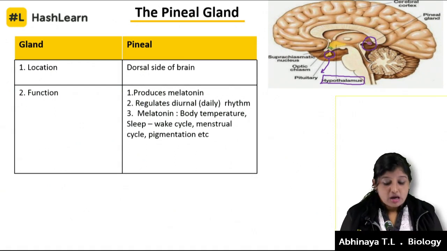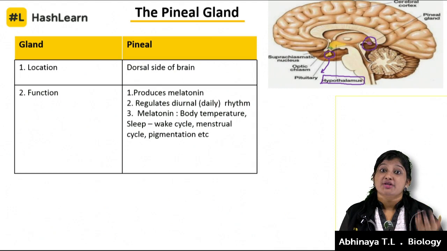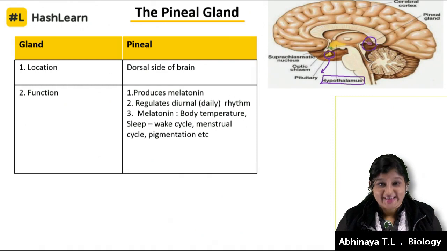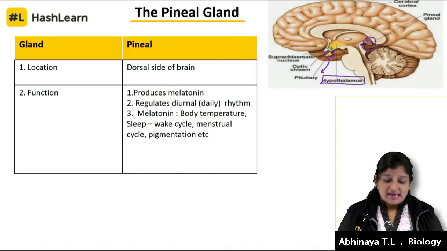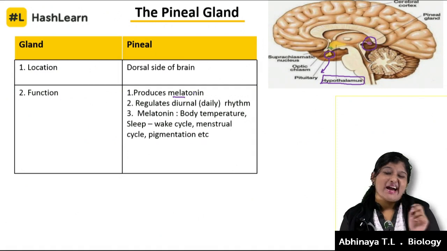Okay, so what is the function of the pineal gland? It may sound like just one or two functions, but if it is not there, we will not have proper sleep and wake up time. We would have become zombies by now. So the pineal gland helps us in the production of melatonin. Melatonin is a hormone which is going to regulate the diurnal rhythm.